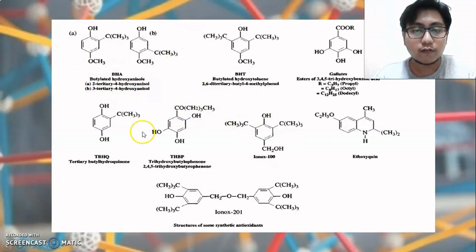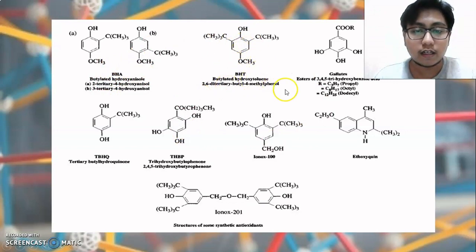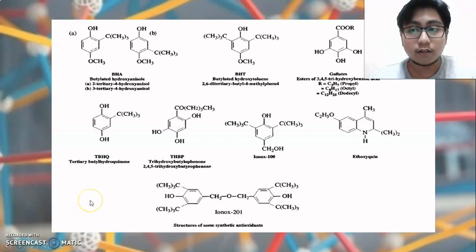These are a few of the most common antioxidants used in industry, such as BHA, BHT, and so on and so forth. So yeah, you can take a look. Alright, so next we're going to look at the next topic.